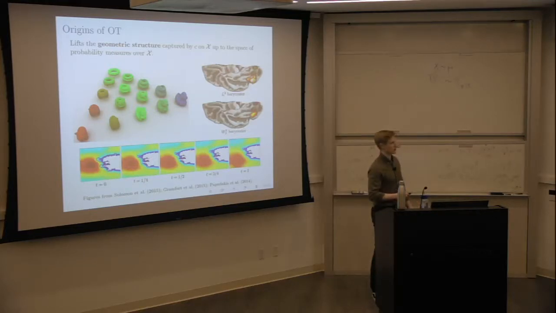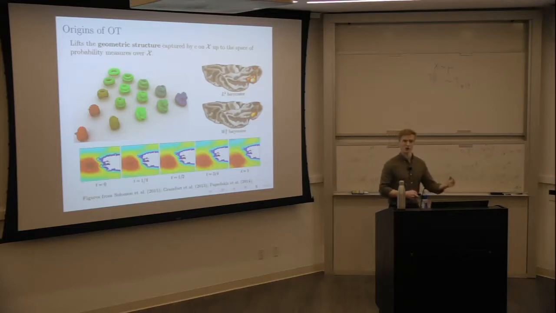For example, in computer graphics, where you want to interpolate between different shapes, or it's been argued that if you want to calculate averages between different brain scans, you're better off doing that in a way that incorporates some notion of geometry of the brain. Or in modeling the evolution of ocean temperatures, where there's a geometric effect determined by the shape of the coastline.